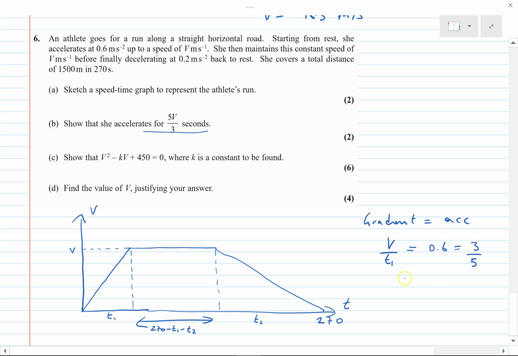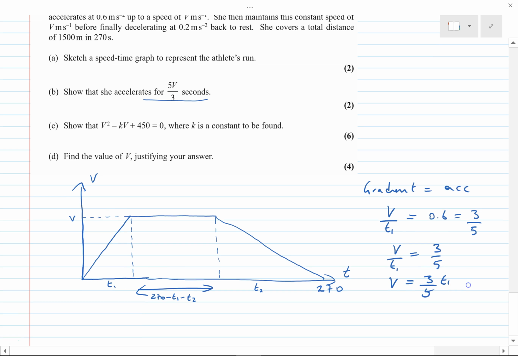So rearranging that, let's write it out separately, we get v is equal to 3 over 5 t1, which of course gives us t1 is equal to 5v over 3 as required. That's what we were asked to show there. So make it clear that that's what we've done for part B.